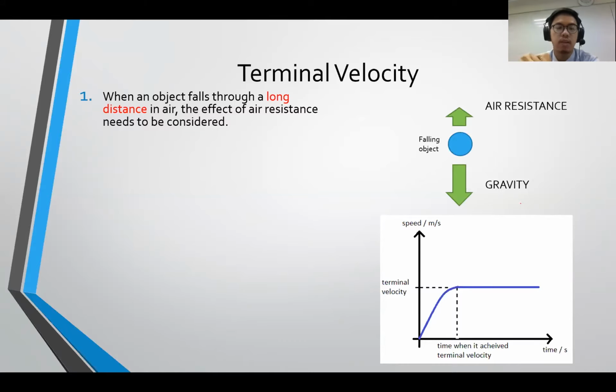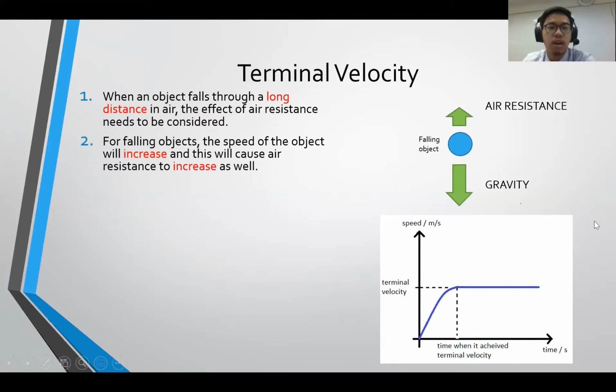But when you are falling from a greater height, then you need to take into consideration the effect of air resistance, and this is what we are talking about today.